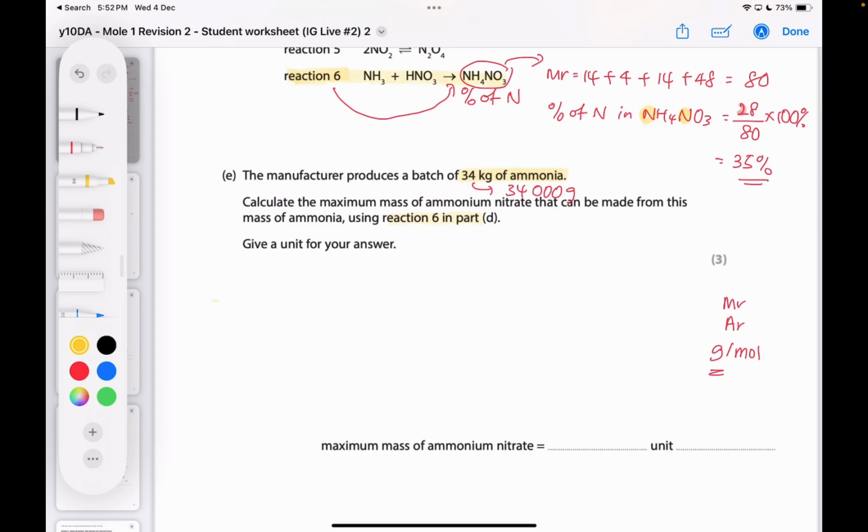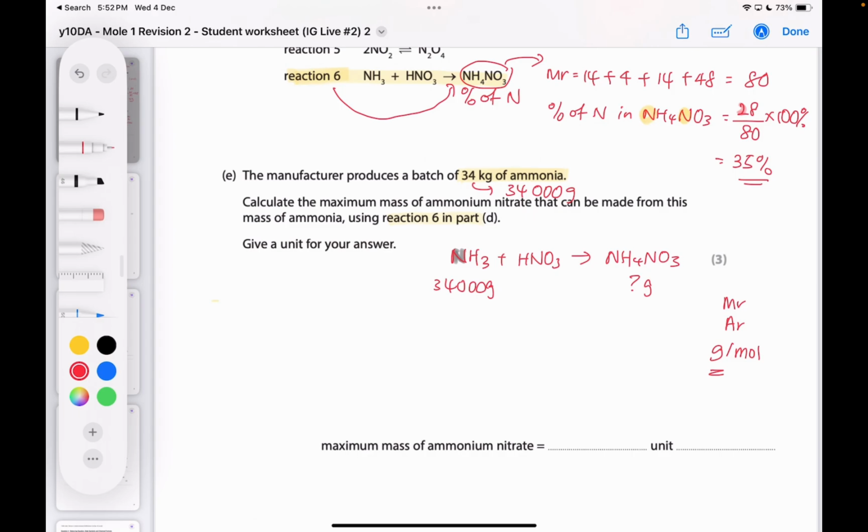Okay, so basically what this means here, if I were to rewrite the whole thing, NH3 plus HNO3 equals to NH4NO3. I've got this mass of ammonia. I want to find out the mass of ammonium nitrate.